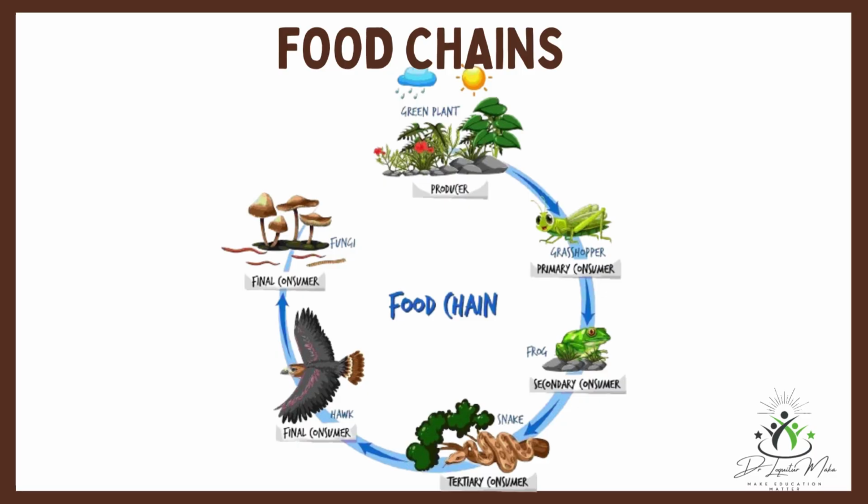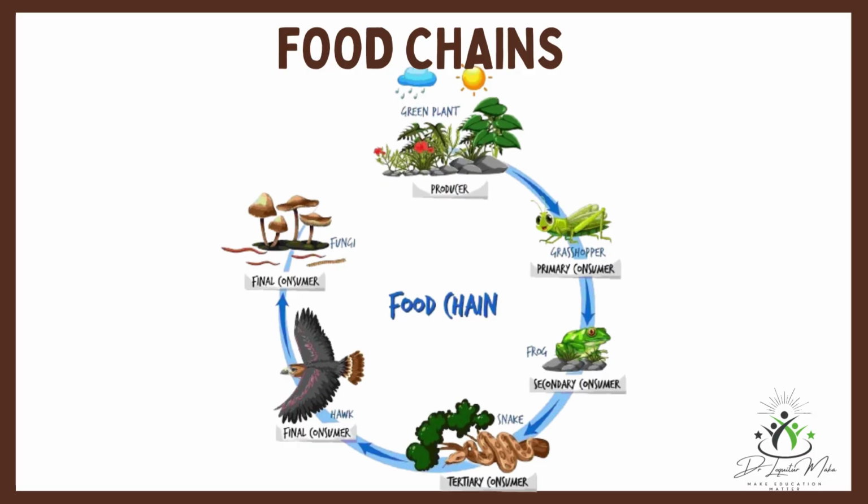You see? But even the snake, as much as it's a tertiary consumer, has another organism that consumes it, which is the final consumer. In this picture, it's a hawk.